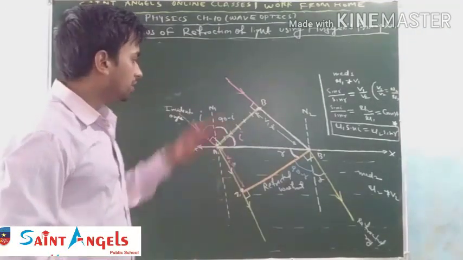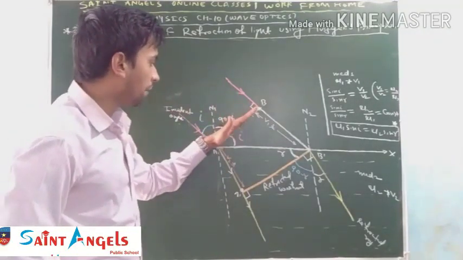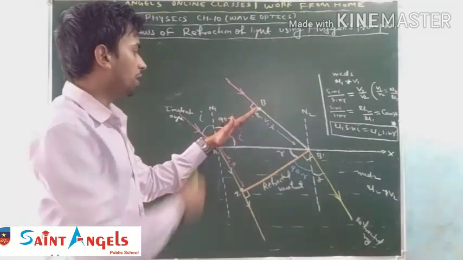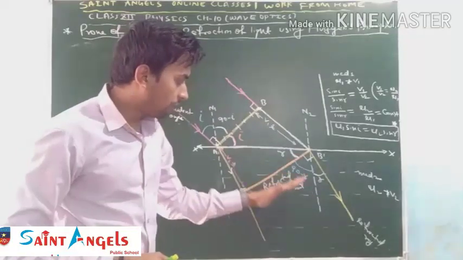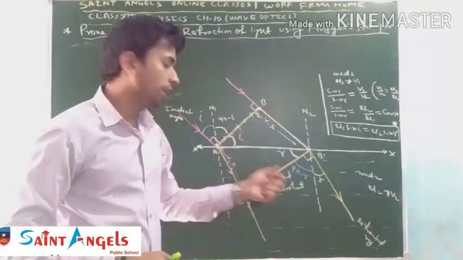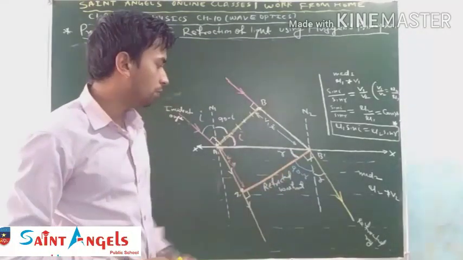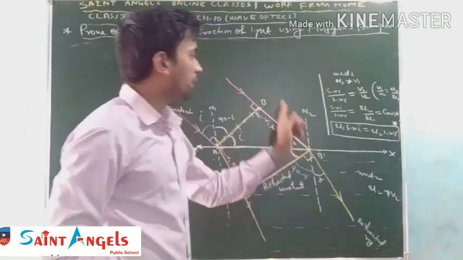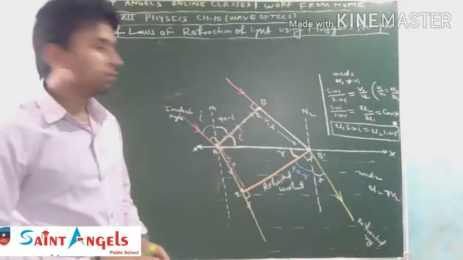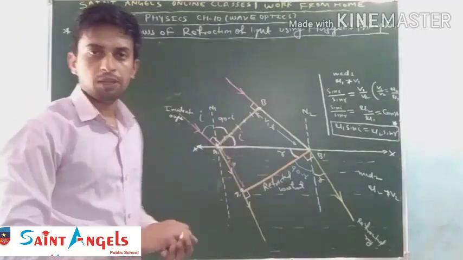Now student, it is clear that the incident wavefront AB lies in a plane perpendicular to the plane of both. The refracted wavefront A dash B dash also lies in a plane perpendicular to the plane of both, and the normal also lies in a plane perpendicular to the plane of both. It means all lie in the same plane.